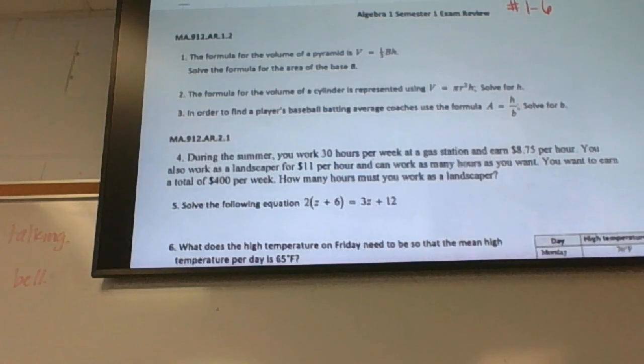Why don't you guys start, just to get you warmed up, start with number 5. That looks kind of like what we've been doing. 1 through 3 are pretty tricky. I would think so. That's fine. I would do the whole thing.